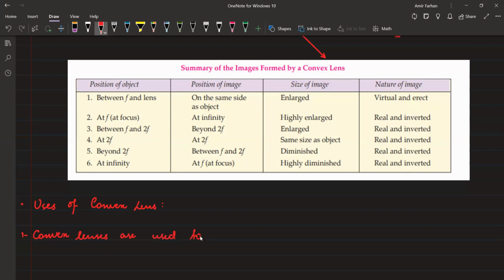Are used in spectacles to correct the defect of vision.